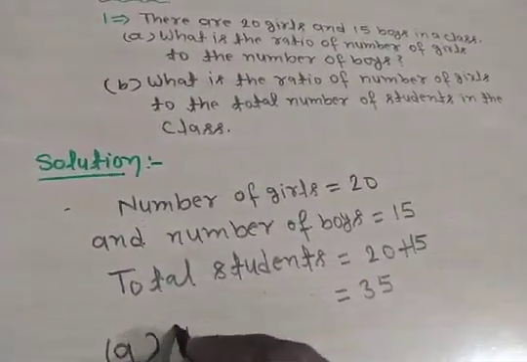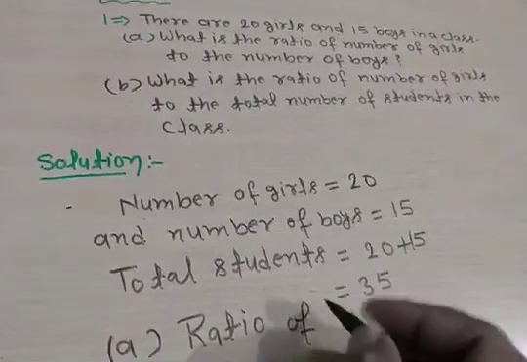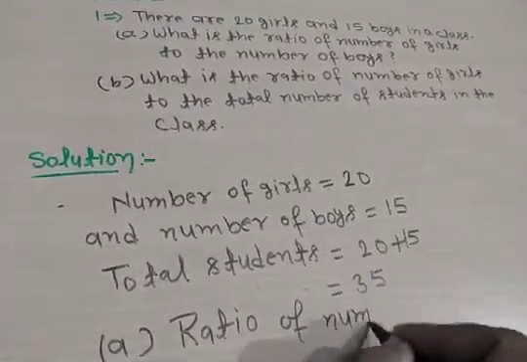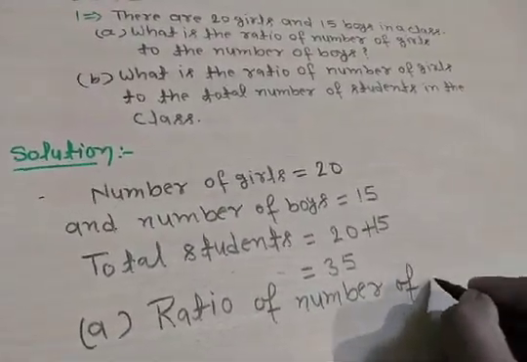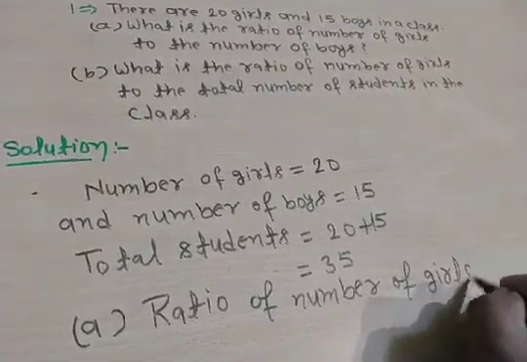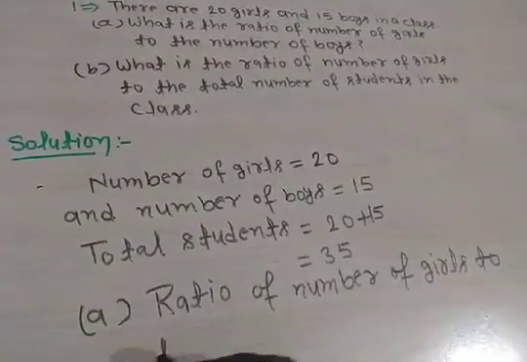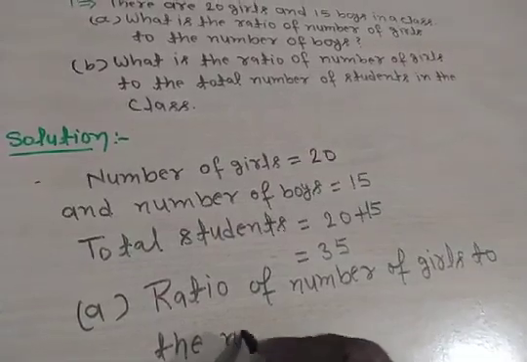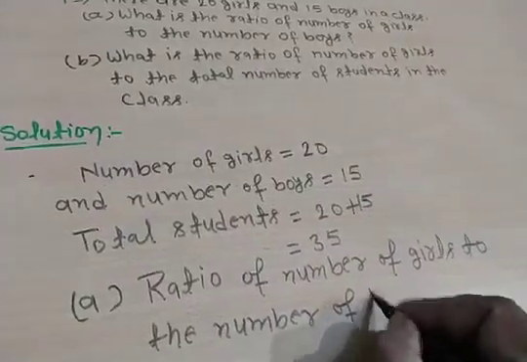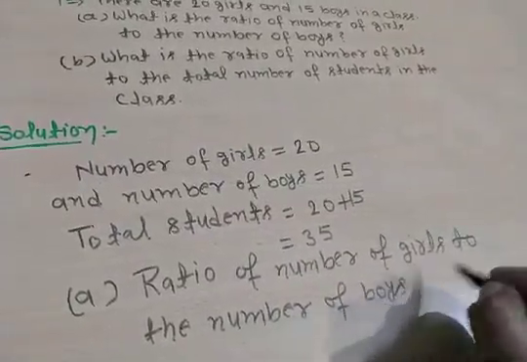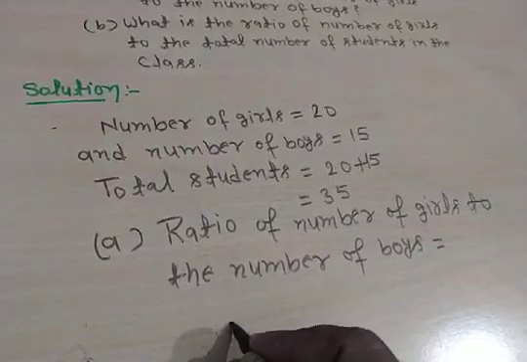So write here ratio of number of girls to the number of boys is equal to, student, we represent ratio like this.